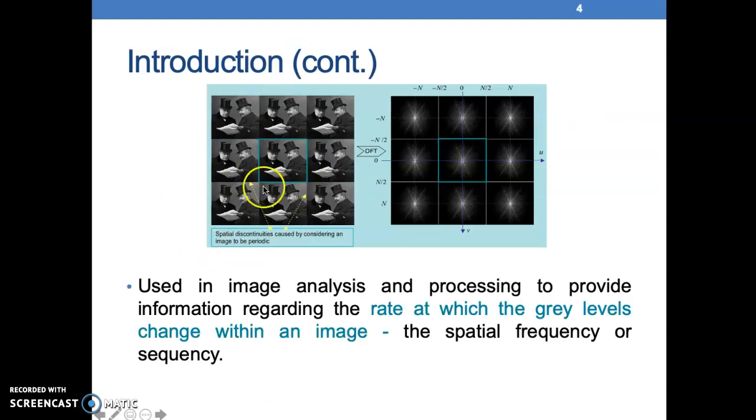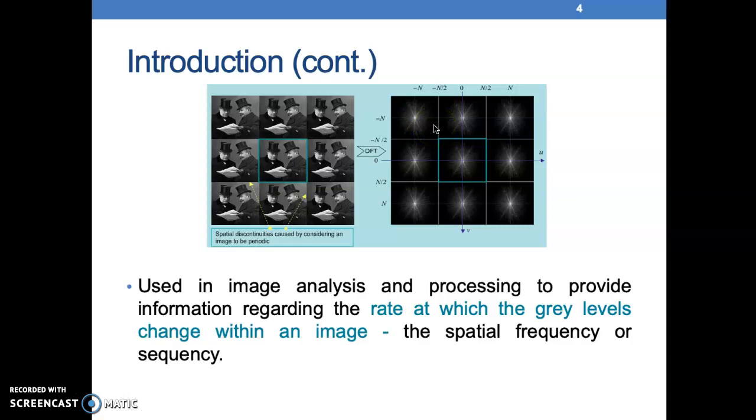This is an example. The left side is the spatial image, where it deals with pixel by pixel and you can see what the image is all about. If you transform into the frequency domain, using the discrete Fourier transform, it will be on the right side, and you have a different representation of the image.